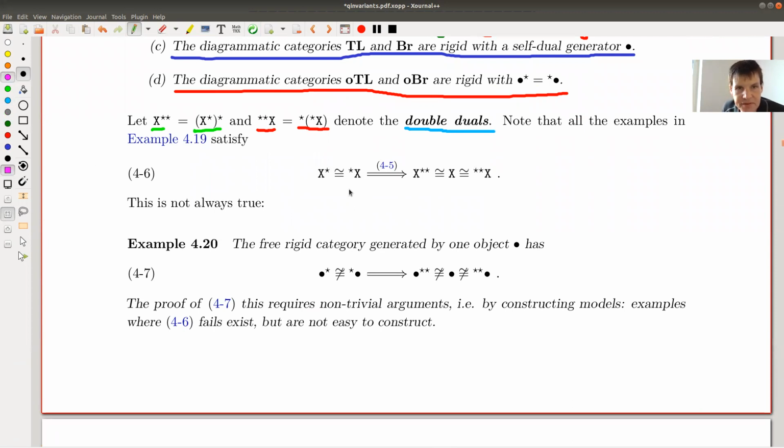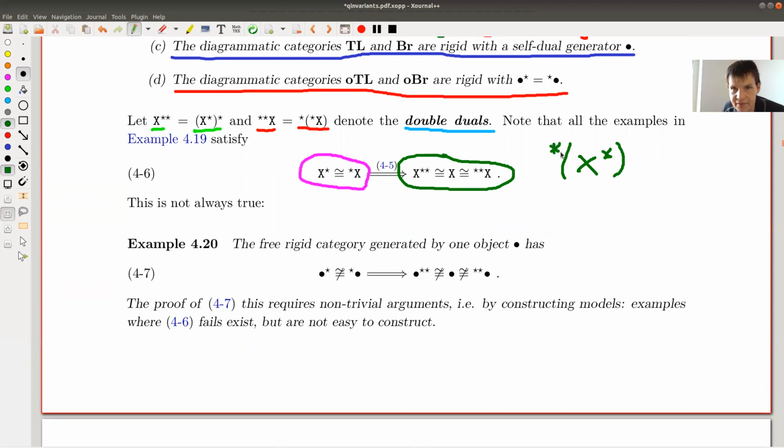Because there's something funny. As soon as you have this one, as in all the examples I've showed you so far, so if left and right are the same, then actually double duals are the identity. Why? Because you always have, let's say, right, left is the identity.